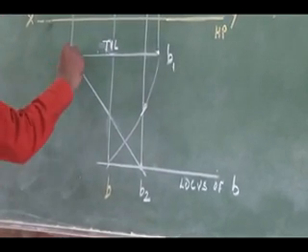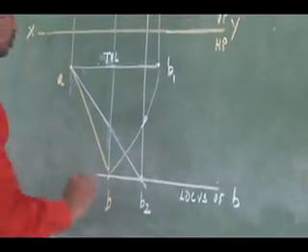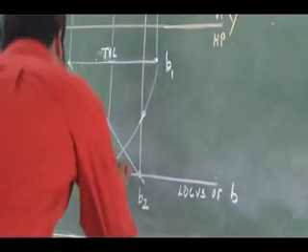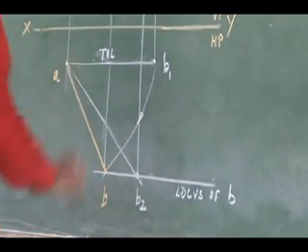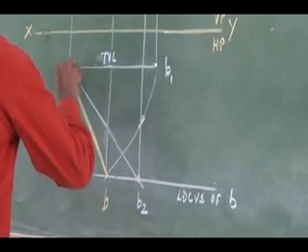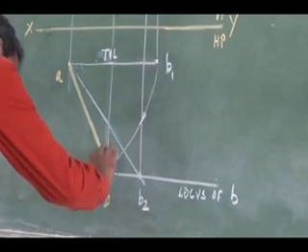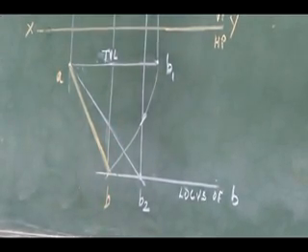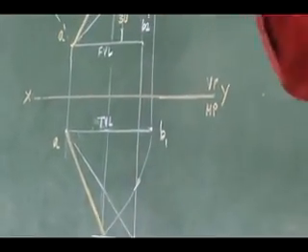So this is going to be my final top view. Is it clear? This is how you have to draw the both way inclined problem in a single place itself.